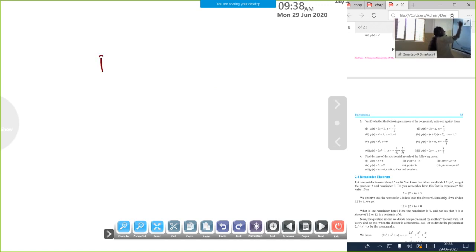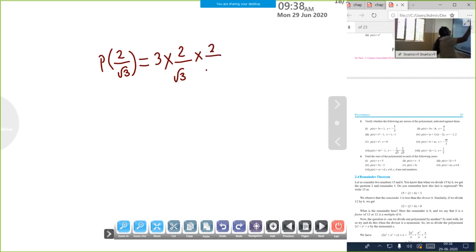P of x equal to P of, in the place of x, we need to substitute the value 2 by root 3. Okay, equals 3x square, 3 into x square. So we can write 2 by root 3 into 2 by root 3 minus 1.